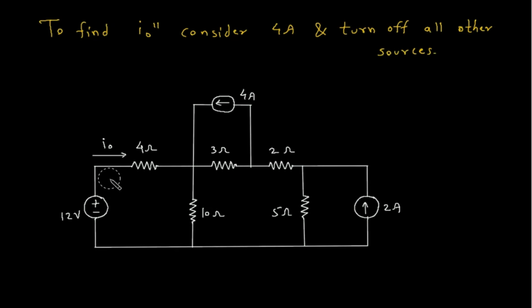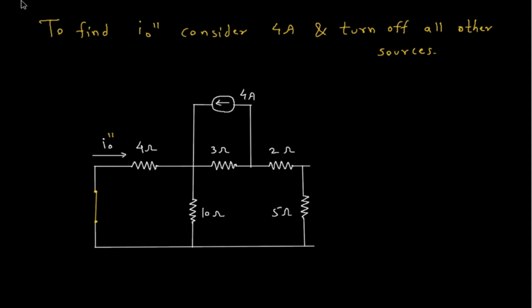So this will be I/O double prime first of all. Now this is a voltage source, so this will be short circuited. And this is a current source, so this will be open circuited.